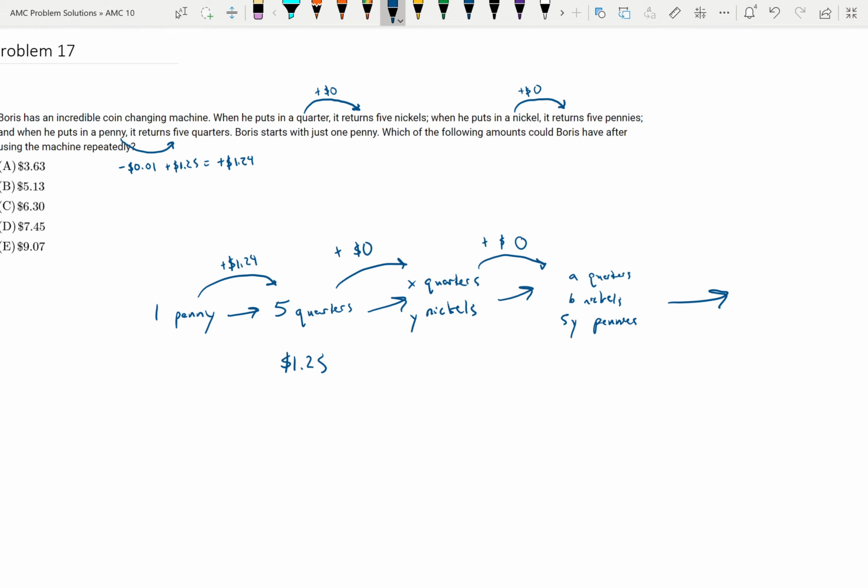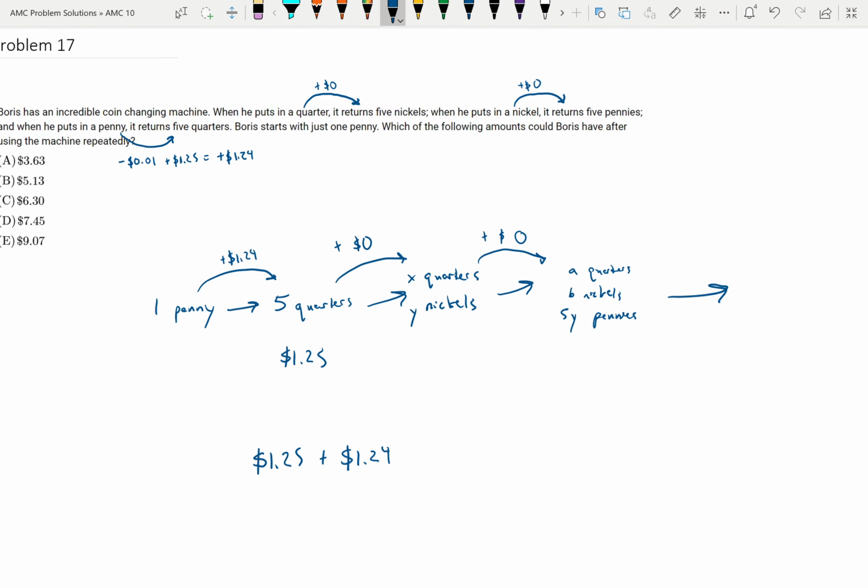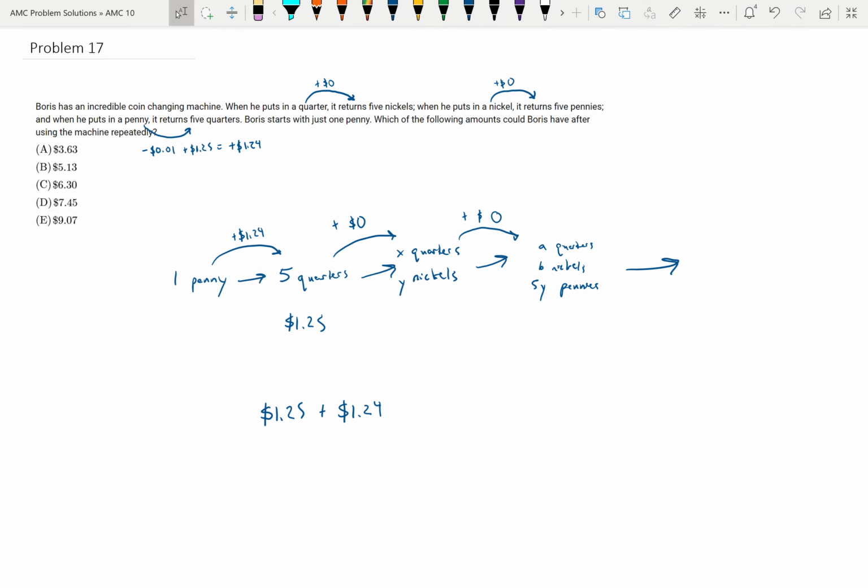And so he has this $1.25. When he puts in 1 more penny, he's going to gain $1.24. And the more pennies he puts in, he gains $1.24.